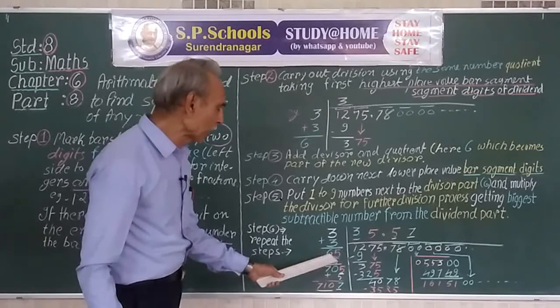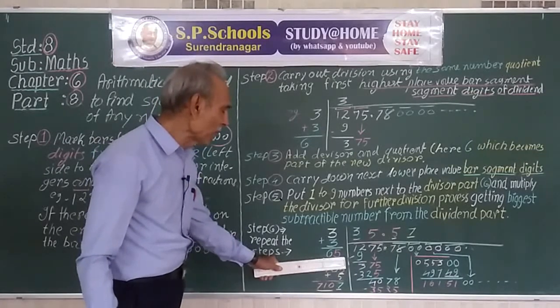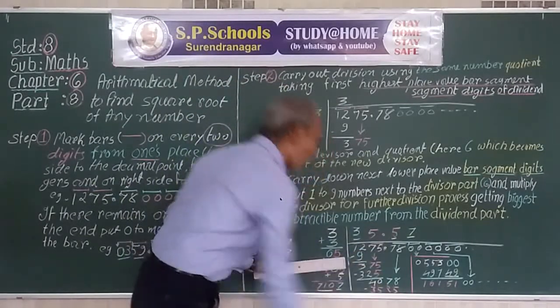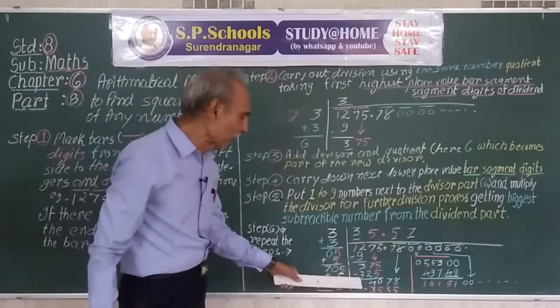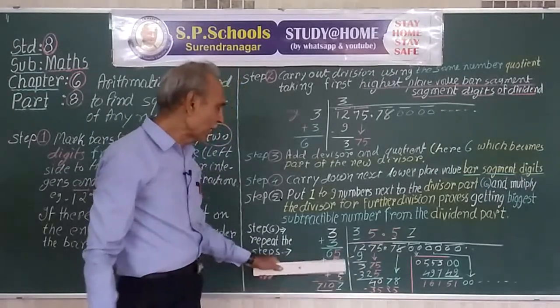If we go on trying, we see that 5 is the number. When we put 5 next to 6, it becomes 65, and if we multiply 65 by 5, we get 325, the highest subtractable number from 375.